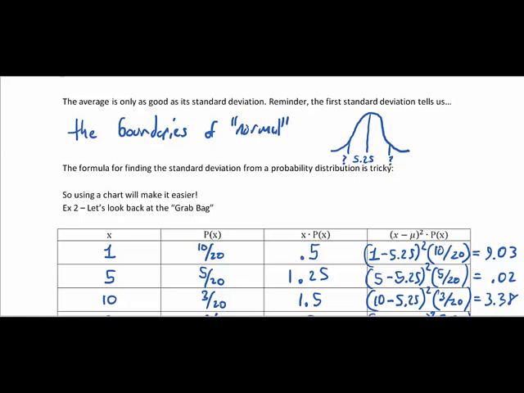So if I add $5.85 to the $5.25, I get $11.10. And if I subtract the $5.85 from the $5.25, I get negative 60 cents. So this means that I'm going to get, on average, $5.25, give or take $5.85.